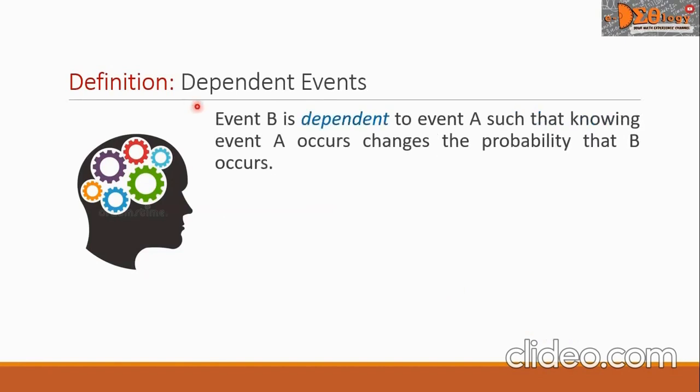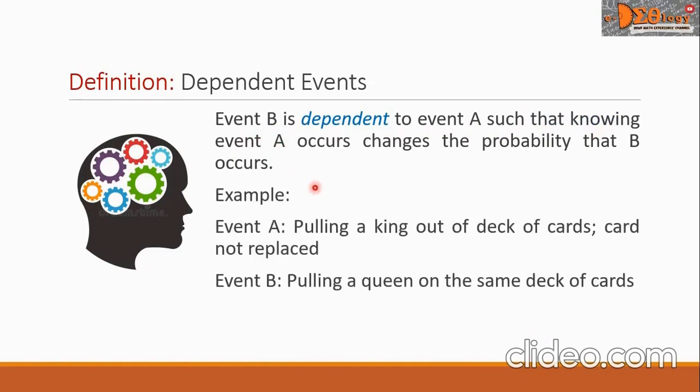Let us define now dependent events. Event B is dependent to event A such that knowing event A occurs changes the probability that B occurs. Let's have an example.